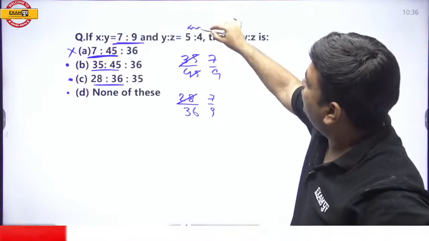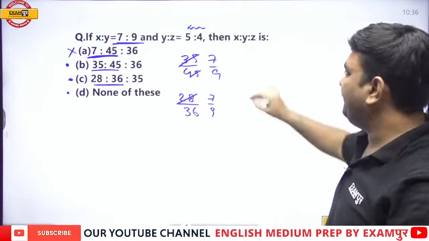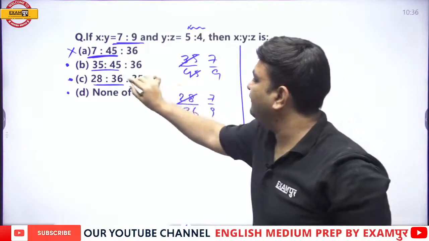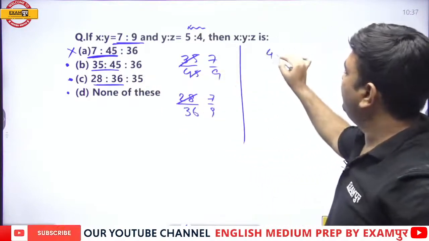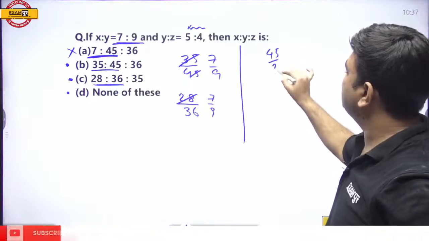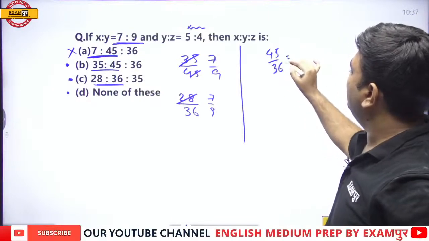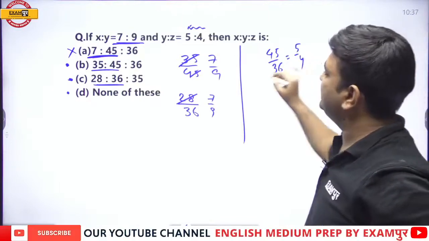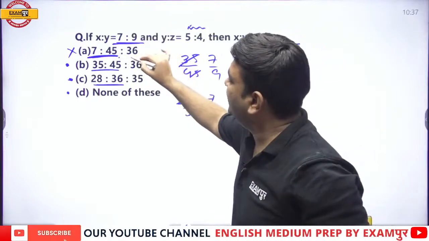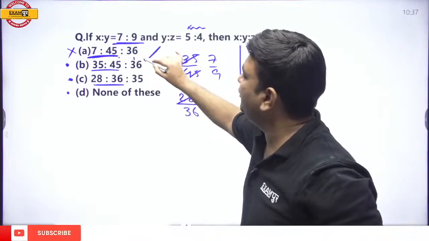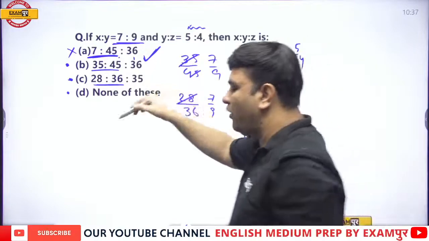Y/Z 5/4. Is it 5/4 over here? 45/36. 9 5s are 45, 9 4s are 36. Yes, answer. If both conditions are satisfied, then this is the only answer. Now you need not go over this.